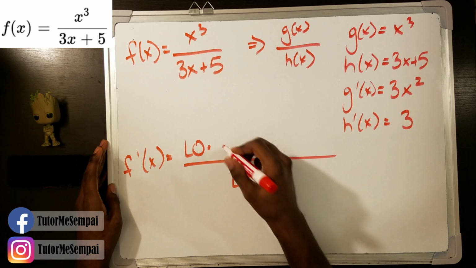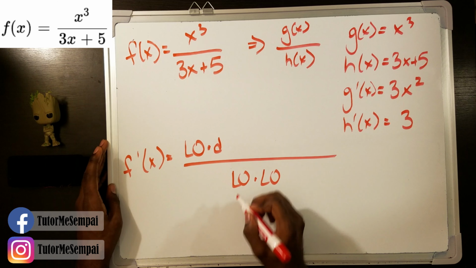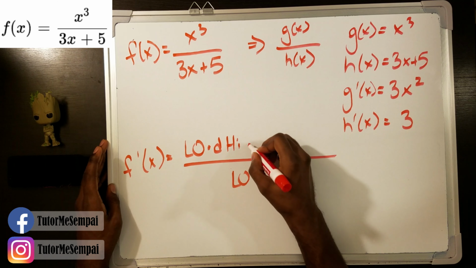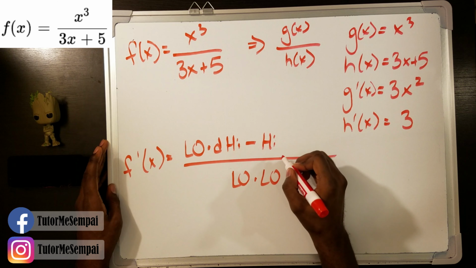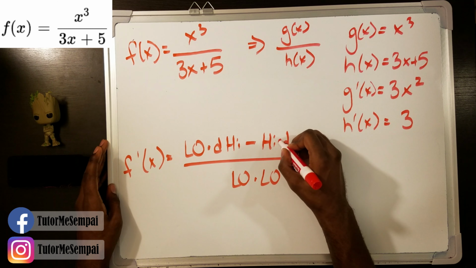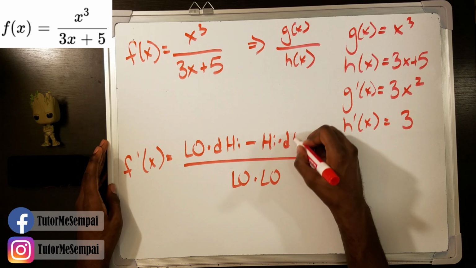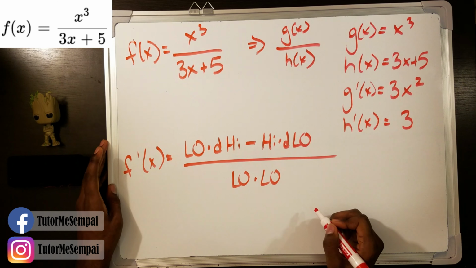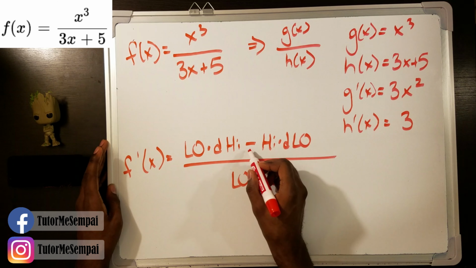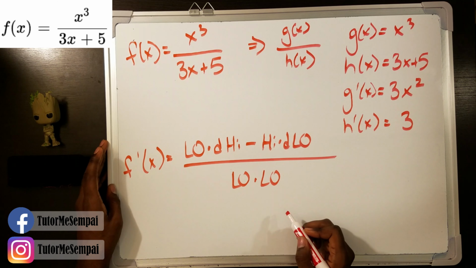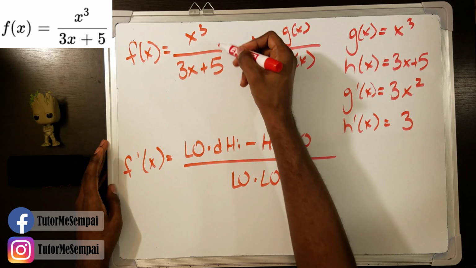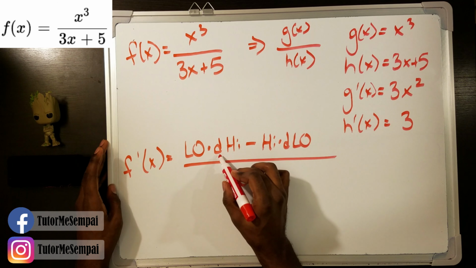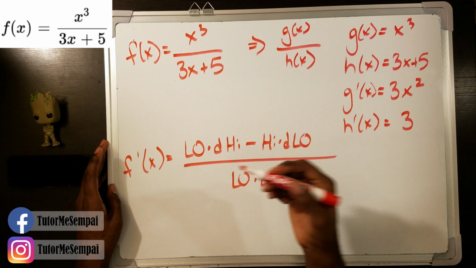Put our multiplication, put our d, put our high, our subtraction, put our high again, our d, don't forget that multiplication, and then our low, right? Low d high minus high d low all over low low. And we already talked about lows and highs, right? This is high, this is low, and these d's tell us to use or find the derivative.